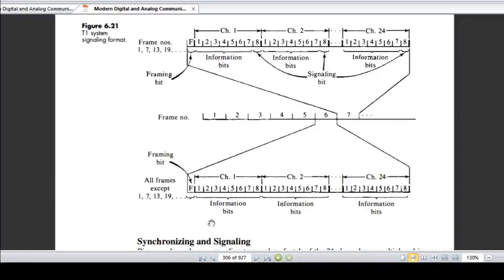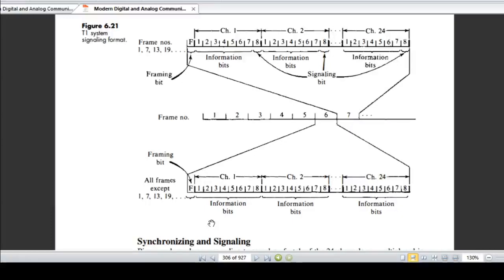One more thing for synchronization: 12 successive F slots are used to transmit a 12 bit code. So every 12 frames one synchronization code is transmitted, and the code is 1101 1100 1000.